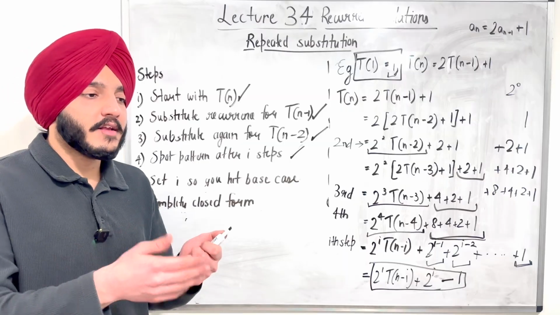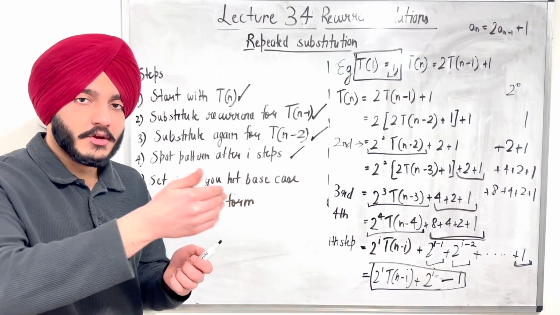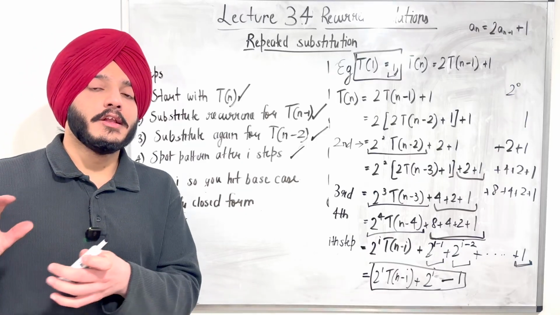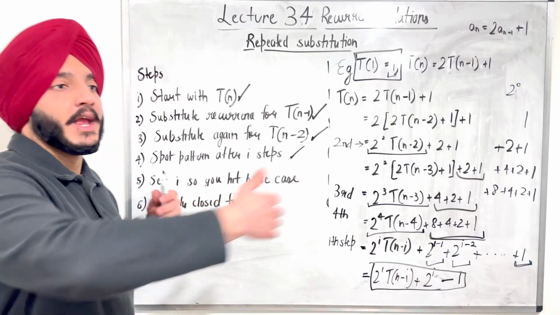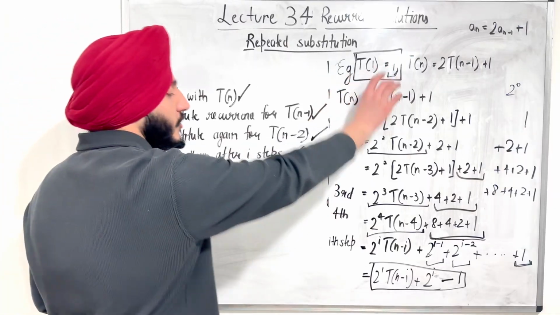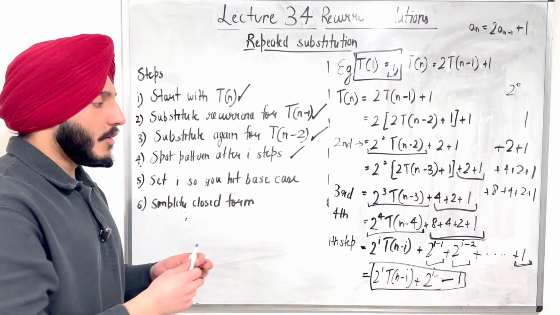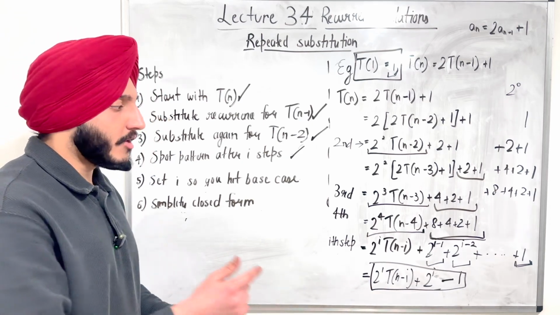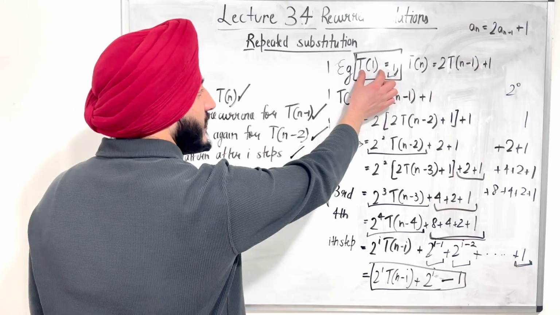The way you would find it is that you would start at A1000, replace it with the equation for A999, and keep on going until you reach the base step, and you would have a big equation with the base value. That's exactly what we are trying to do: take a step back again and again in a general form, and then reach the base case, which is T1.